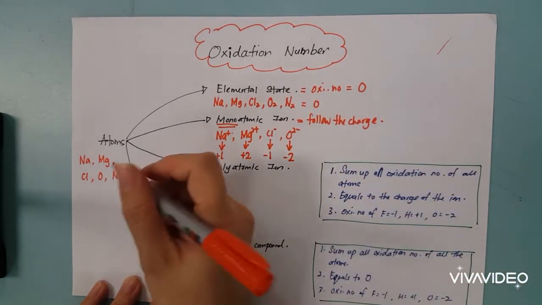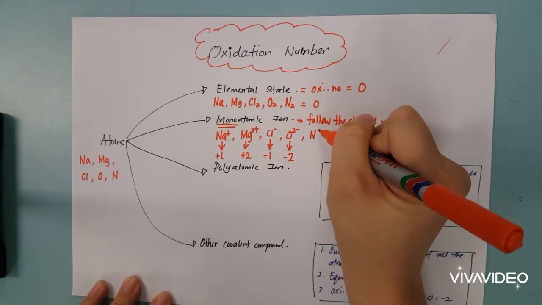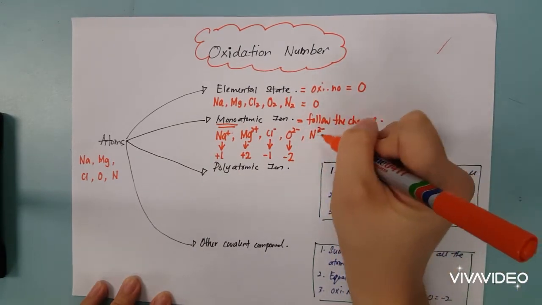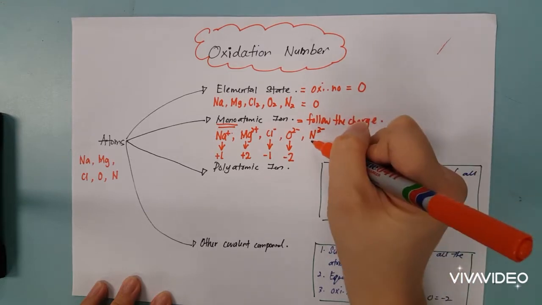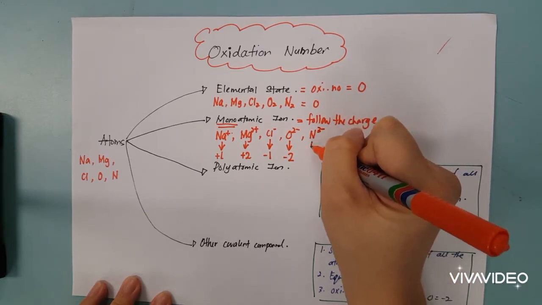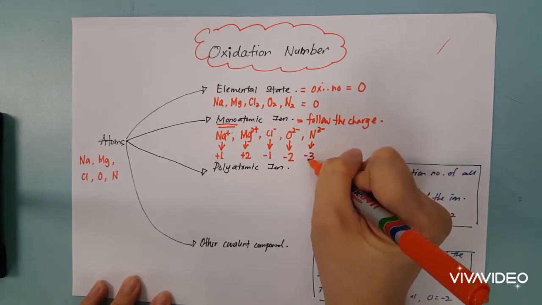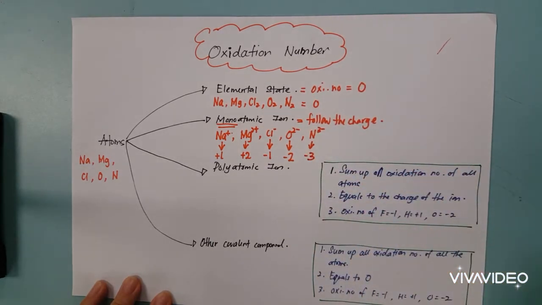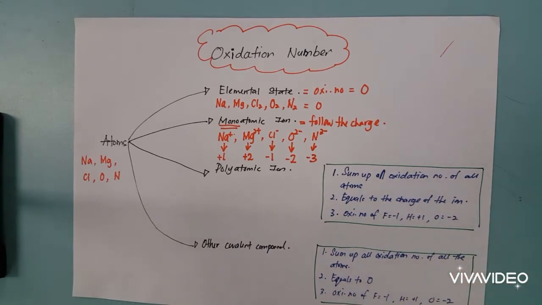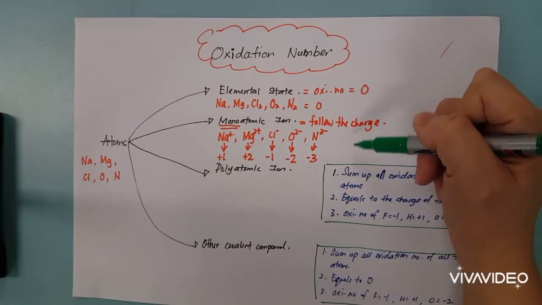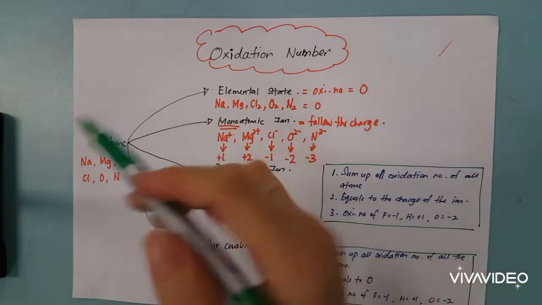Now how about nitrogen? When it reacts, it becomes N3-. So when your nitrogen becomes an ion, the oxidation number also changes accordingly. It becomes -3.